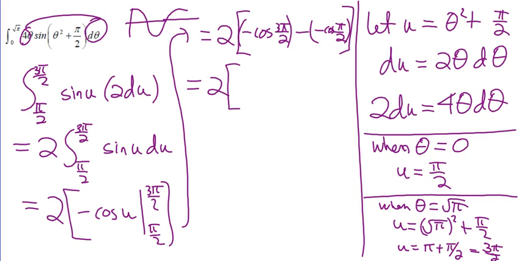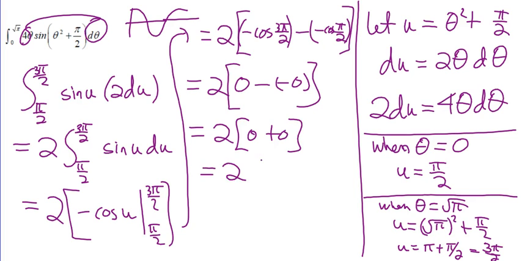So it's 0 minus negative 0, which is 2 times 0 plus 0, which is 2 times 0, which is 0. Honestly, I feel like a marker would mark me down if I did it. There's nothing to this question.